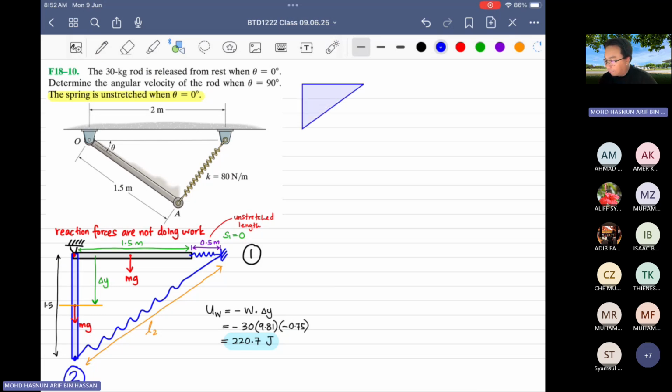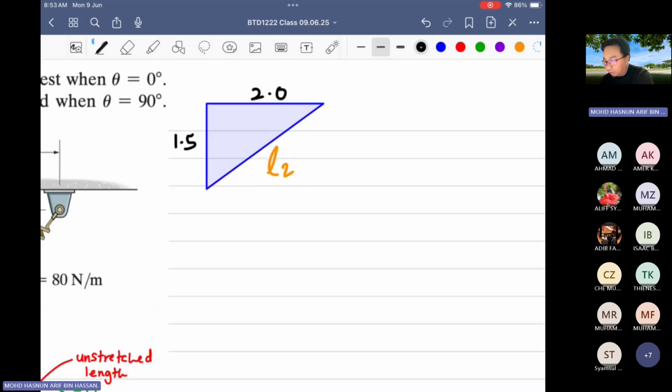L2 is the hypotenuse, and we have the left side is 1.5 and the top is 2.0 meters.